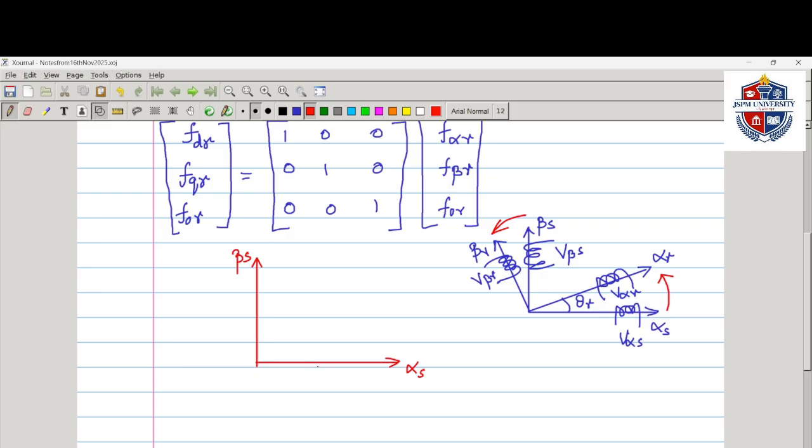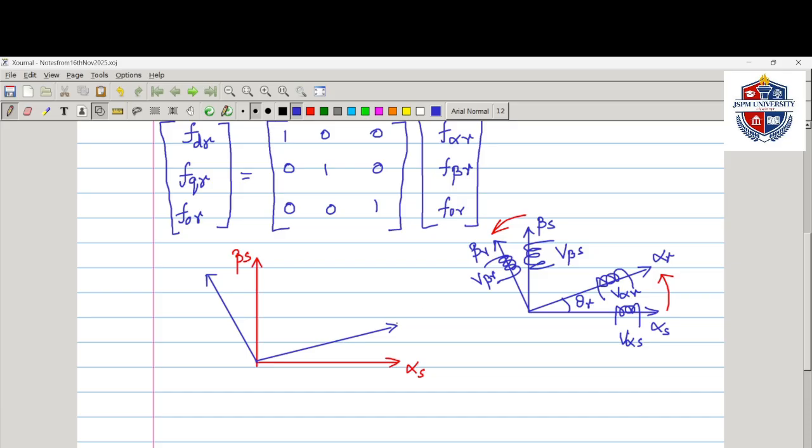Now this is fictitious, right? So now this is the new axis I am going to draw, that is the rotor axis. Rotor axis is here and this is the perpendicular line. So this is our new axis.